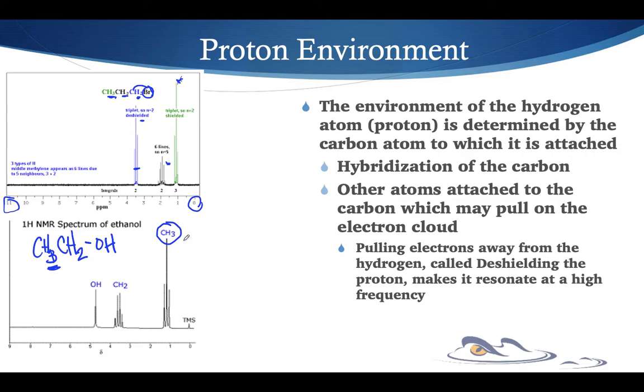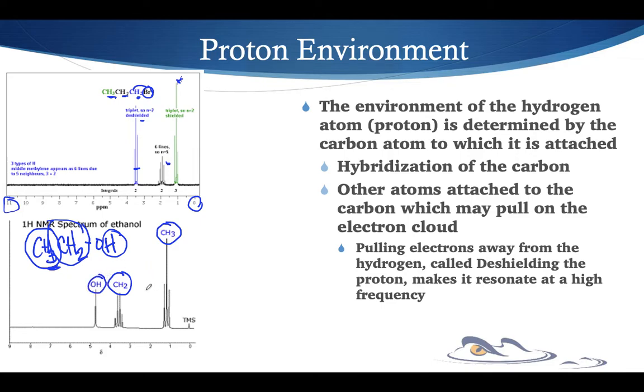So that is what we would call an environment. So this is an environment where hydrogens are attached to this carbon, right? This would be a different environment right here for the CH2. And you see there's CH2. It is in a different environment. And then this hydrogen over here that's attached to the oxygen, that's in a different environment.